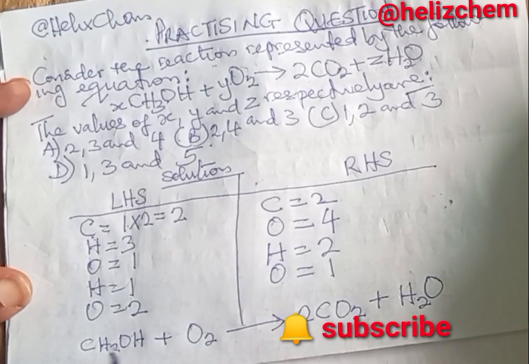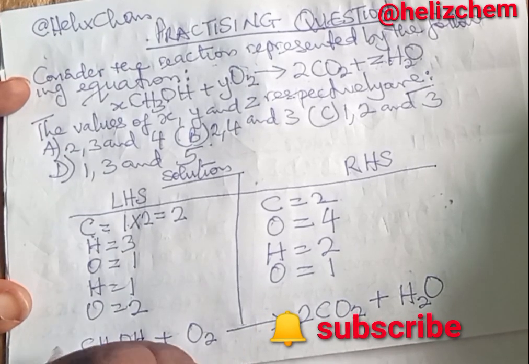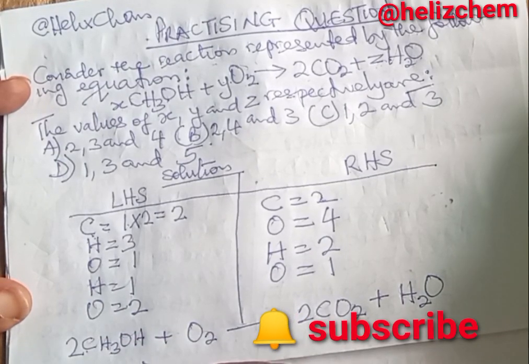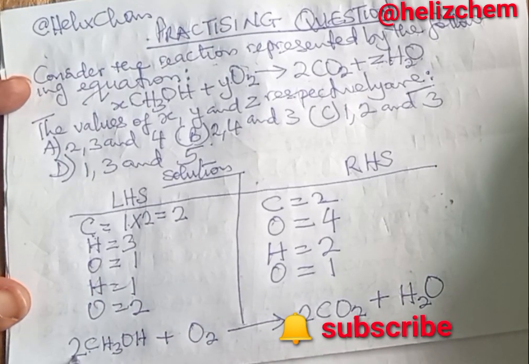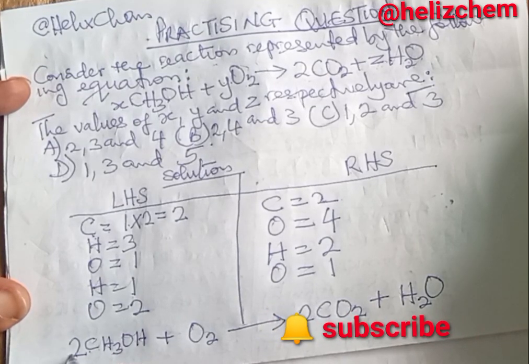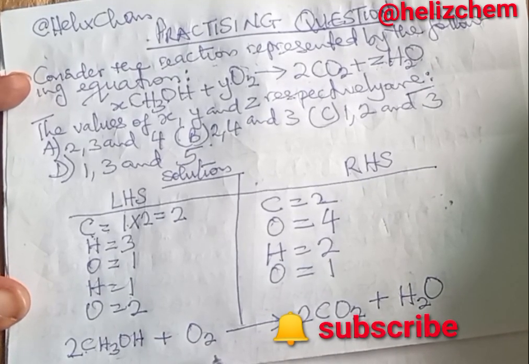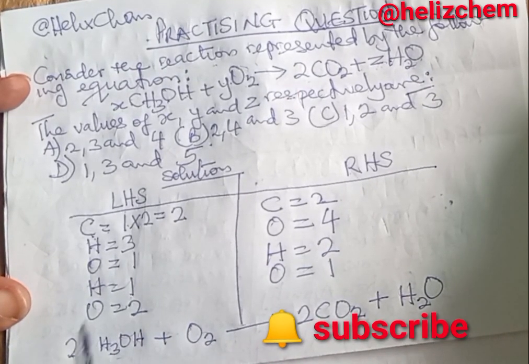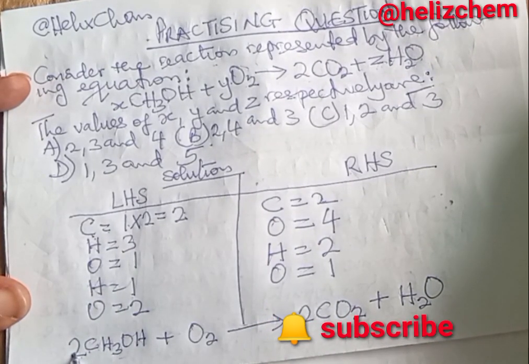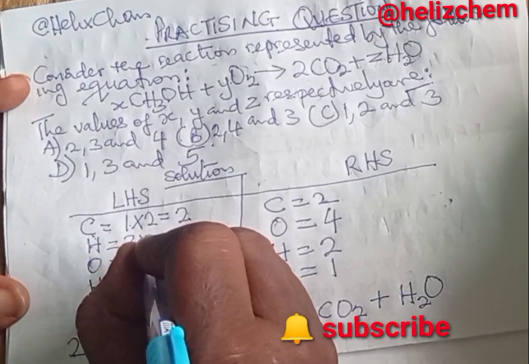So we now go to the reaction, we look at the carbon, then we put 2 in front of it like this, or whichever way you want to use, at the back of it. You will not write it here, you write it at the back. You will now check the equation again and see whether it is balanced. Now, our carbon is now 2. Because this coefficient is a multiplier, hydrogen has become what? 6.